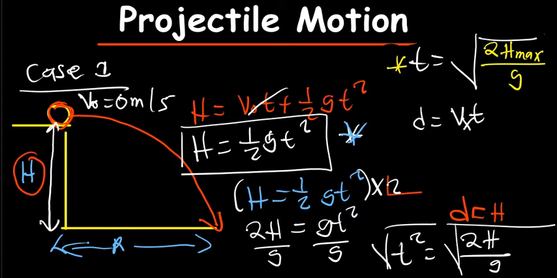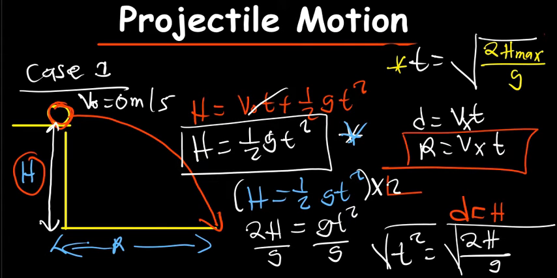So I'll say r is equal to vx times t. Now, which t are we talking about here? The t you find using that formula is the t you have to use here. The velocity for the first trajectory, they will always give you. This is the basic principle behind case 1.